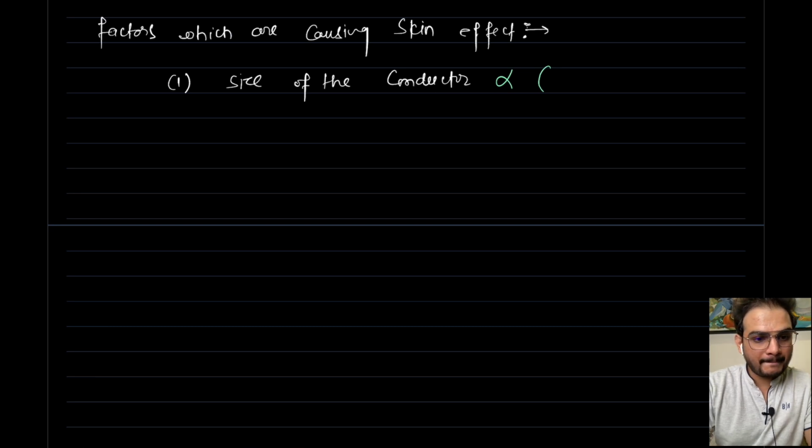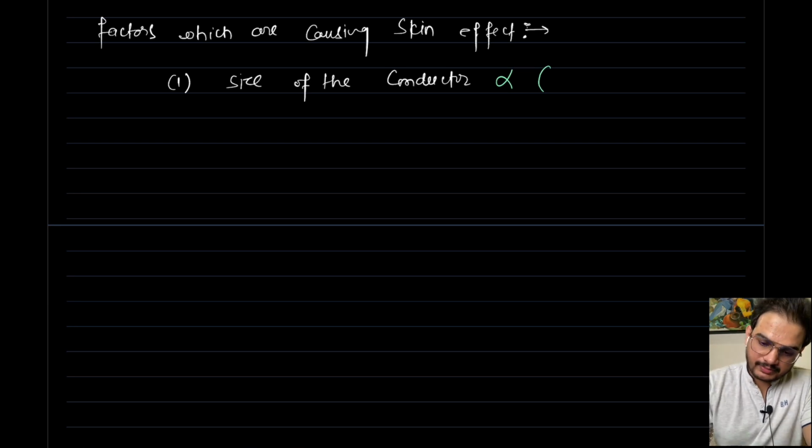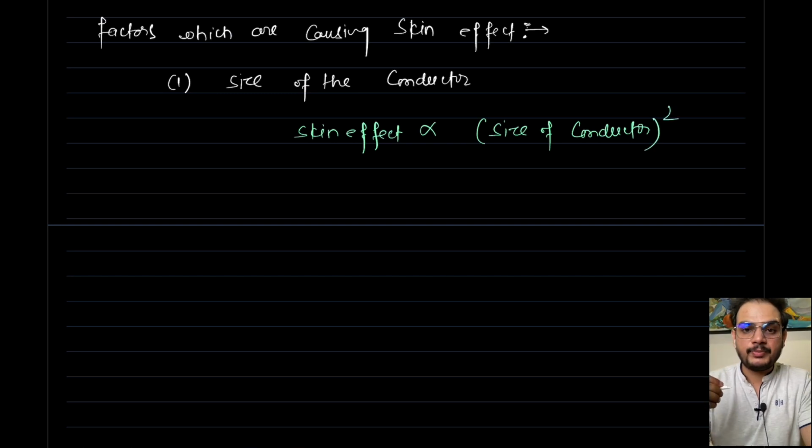The skin effect is directly proportional to the square of the size of the conductor.